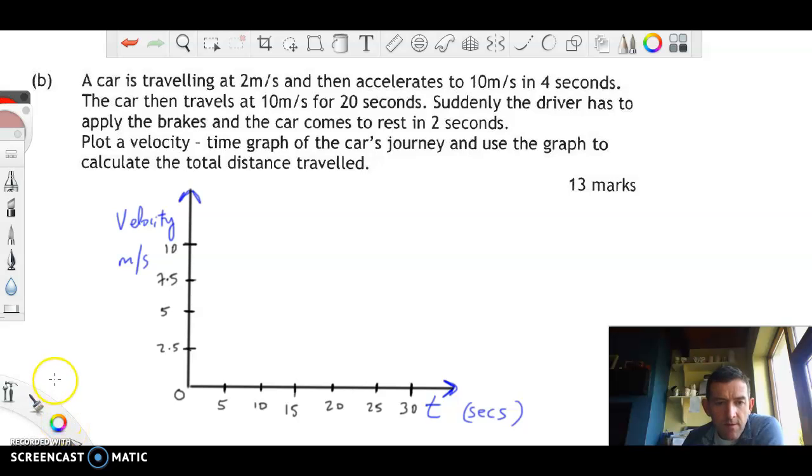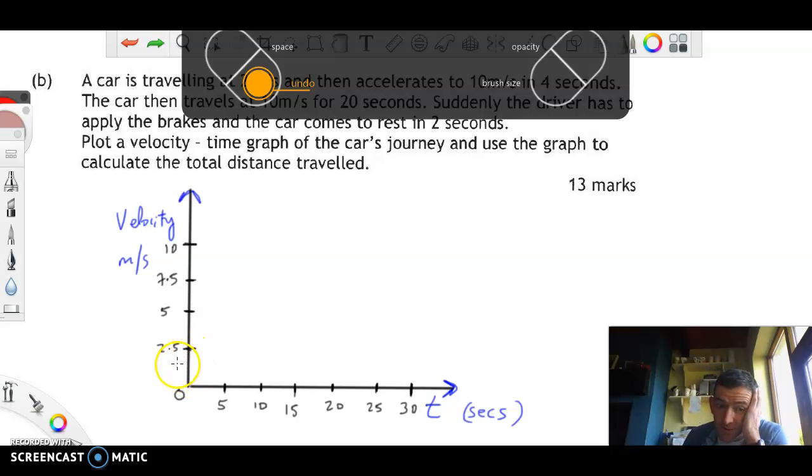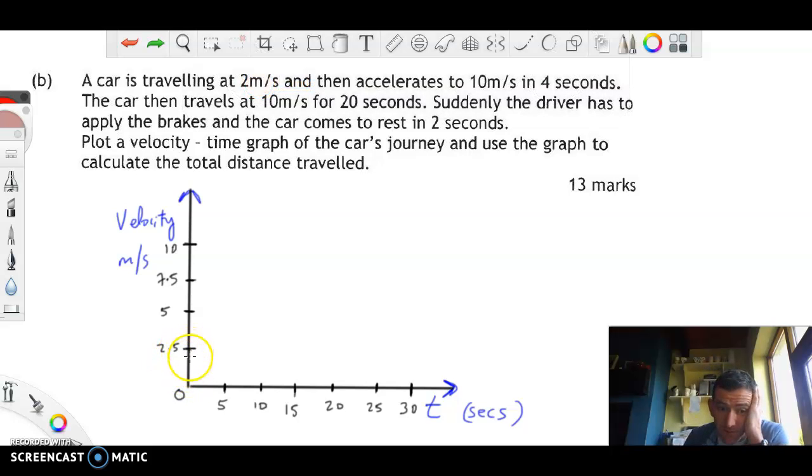Let's go for red maybe. Then the car is traveling at 2 meters per second, so the car is here. 2 is going to be like 4/5 of the way up, hopefully it's somewhere here, right? The car is traveling at 2 meters per second, and what happens then? It accelerates to 10 meters per second in 4 seconds.